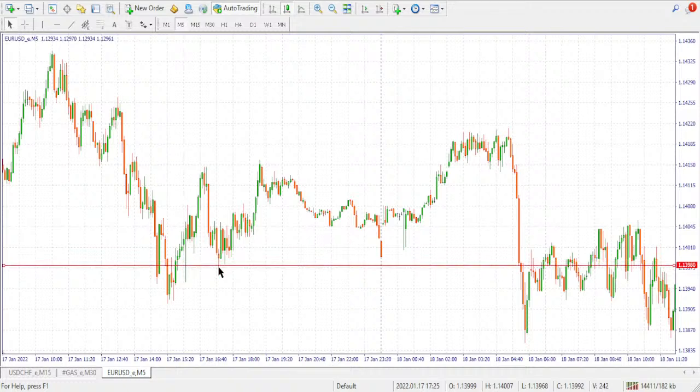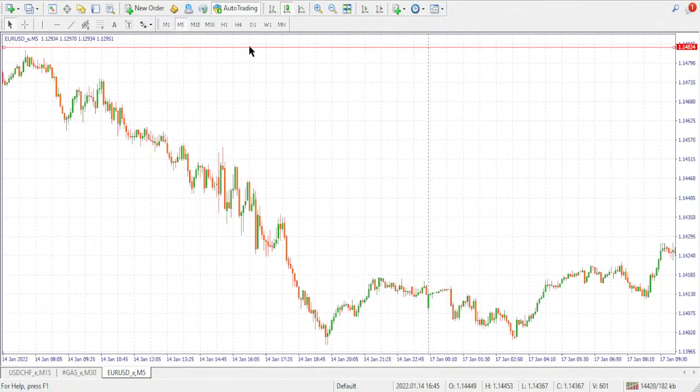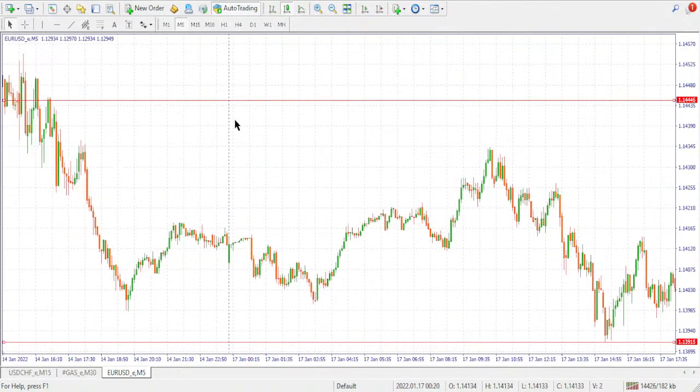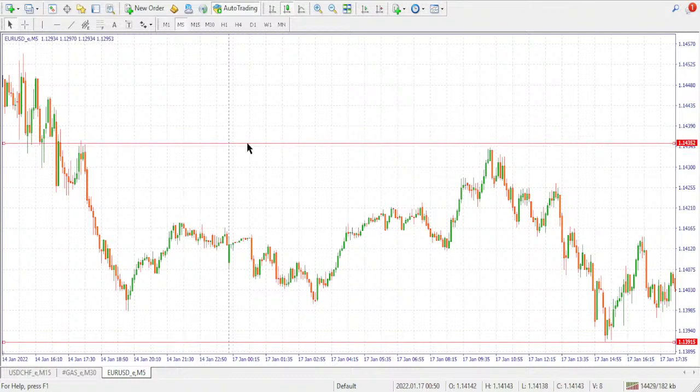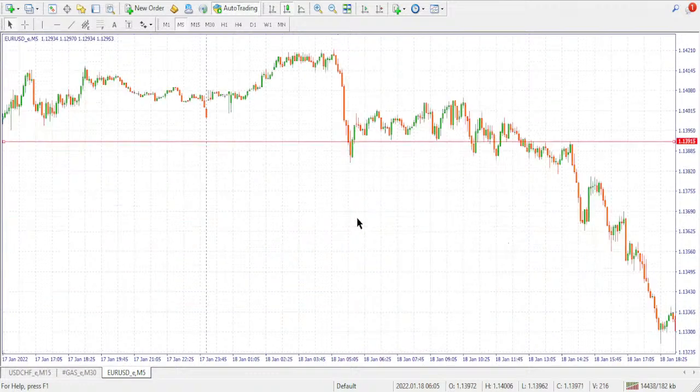Then this day here, this was the low, and this was the high. So you can see that the price attempted to break below, nothing much happened, but there is something standing out on this one, that we still have some shape which formed.